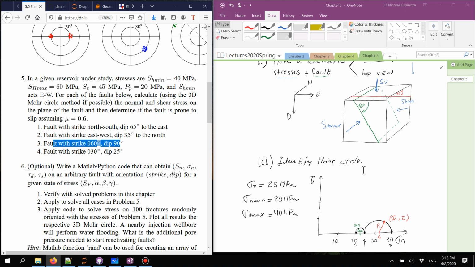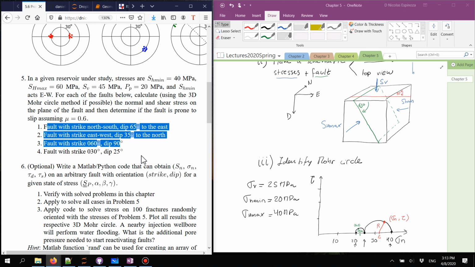From all these four cases that I have, there is one that cannot be solved with this geometrical method because it's not going to be aligned with any of the principal stresses. In that case, you just tell me that you cannot solve it with this method.